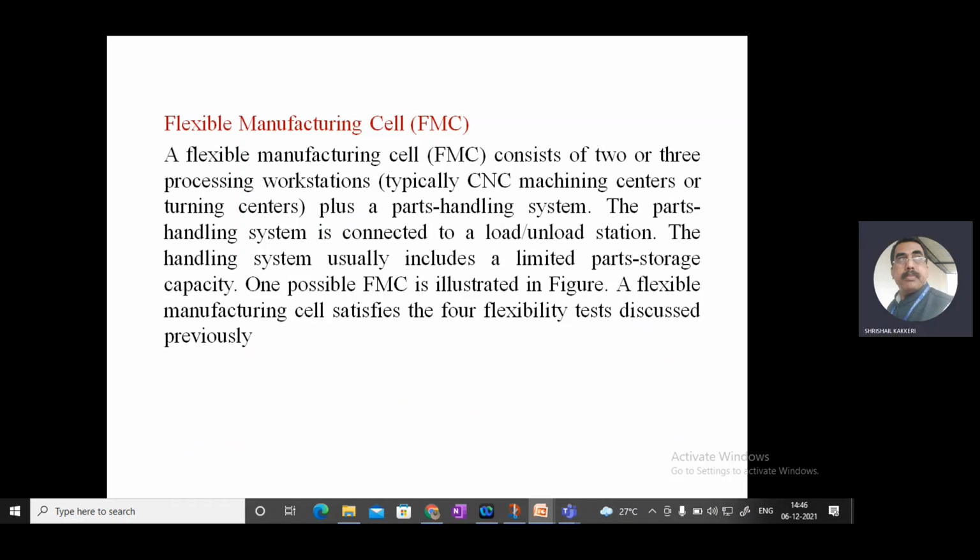Once it is totally integrated, sometimes if there is any breakdown, maybe at the machine level or conveyor level, the whole system will face a production problem, and starving of station and blocking of station will come into the picture.